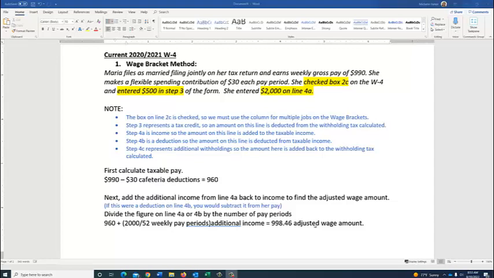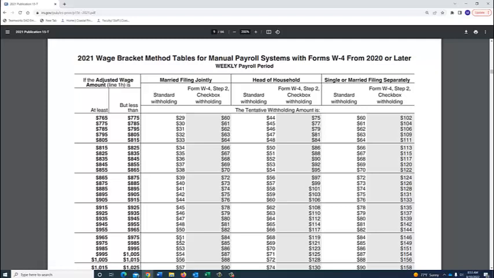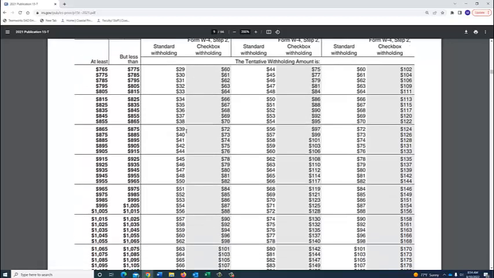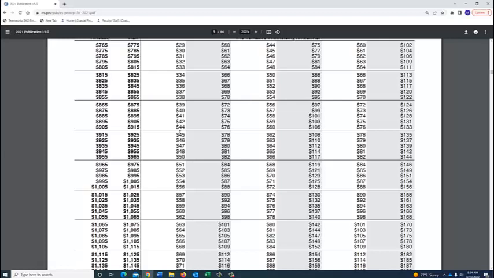So we need to remember that she is married and is paid on a weekly basis, and that her income is $998.46 each week. So let's move over to the wage brackets. All right, we're in the weekly section here. Now we need to scroll down and find the $998.46.